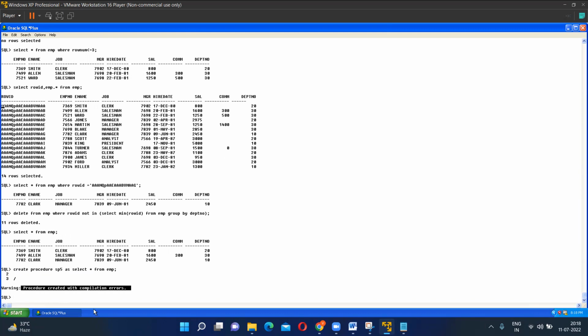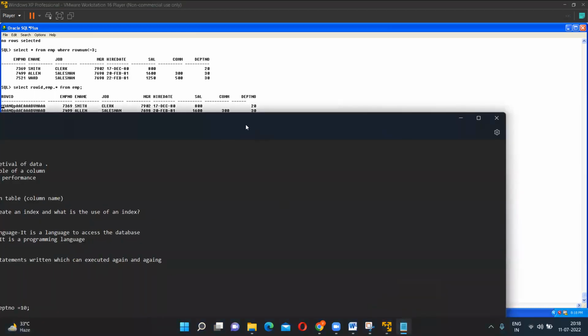Are you able to understand? This is how a procedure is created. It is generally used as a programming language by developers. We don't require anything more as an ETL tester. At most we can execute a procedure, and I told you what a procedure is and how to execute it.